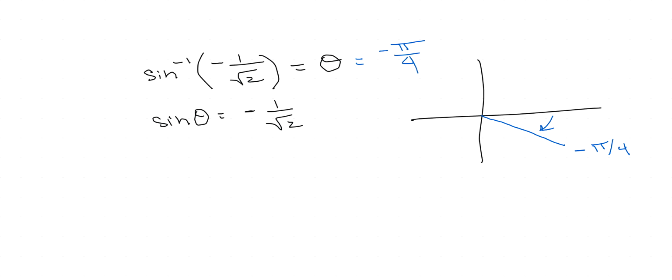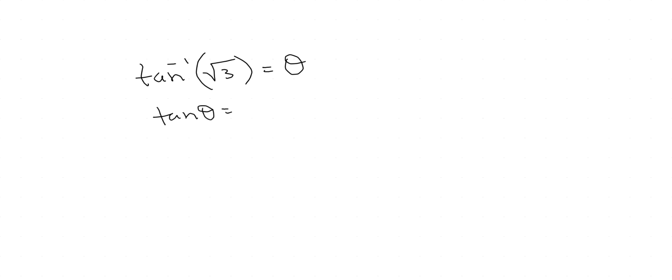Tan is the same with the quadrants. We do this for tan inverse. So tan inverse of, let's just say, root 3. That's going to be an angle, and I'm asking for what angle is tan root 3? Well, when is tan root 3?